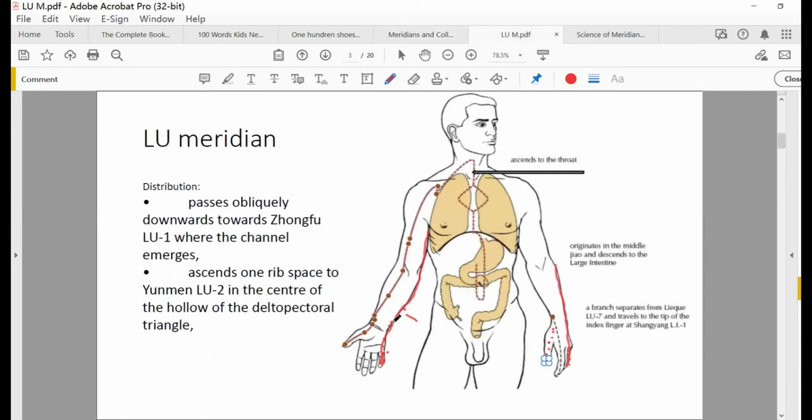So for example, this one, that's the posterior. This one, that's the anterior. How about this one? Between this and this, that's the middle.